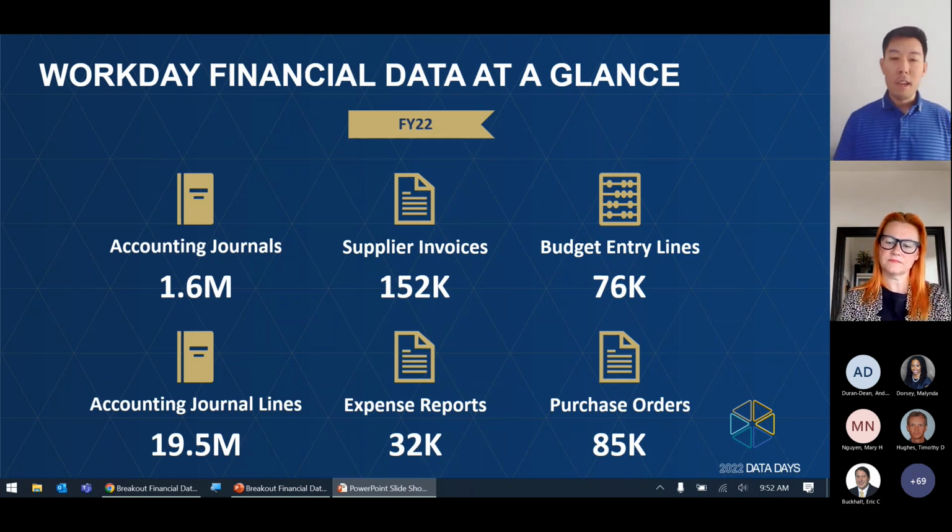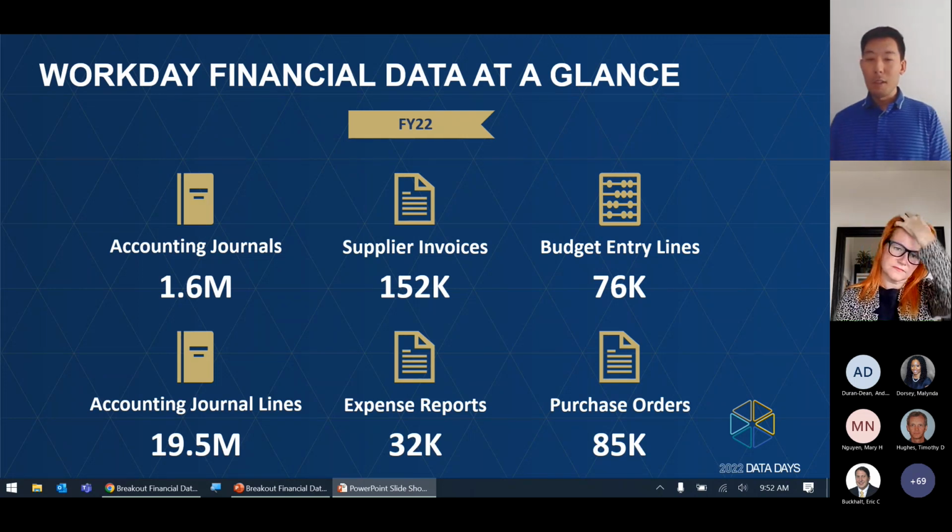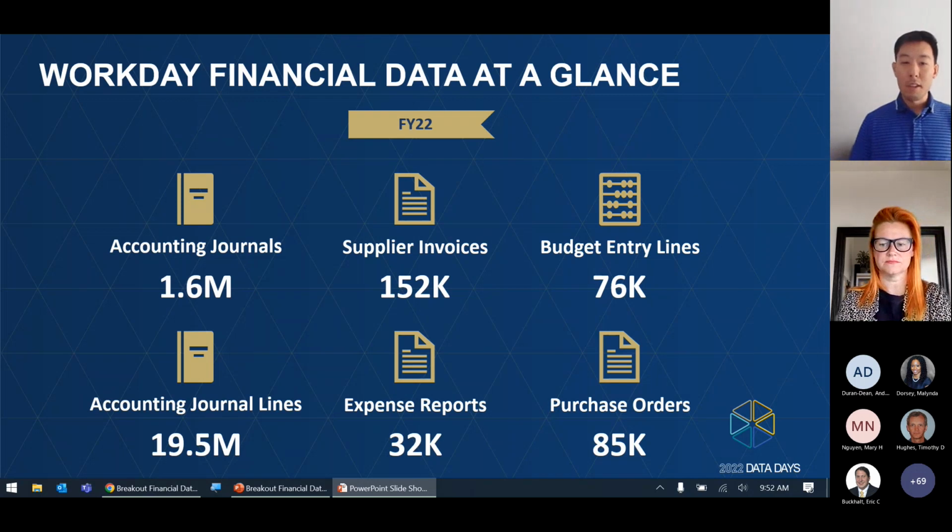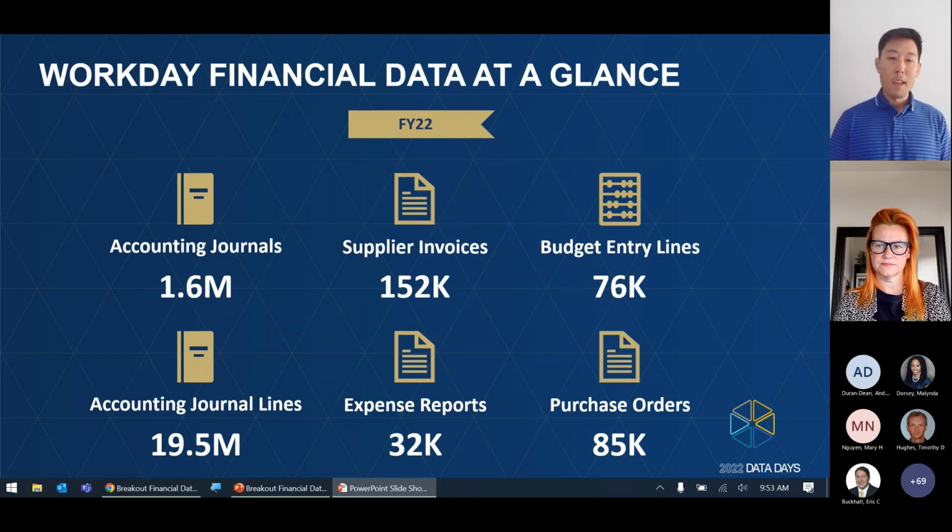We have integrations that create accounting journals. We also have transactions that create accounting journals. But you can see that 1.6 million, and if you split that out into each journal line, we have 19.5 million. So the population of financial data is really vast in Workday.